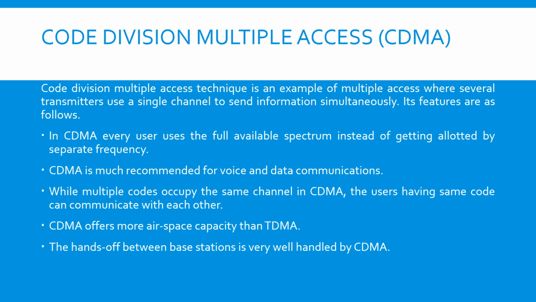So CDMA, because of the multiple frequencies, offers great bandwidth as well as a great communication channel as compared to TDMA. The handoff between base stations is very well handled by CDMA. Because of the variety of these frequencies, the handoff, that means the connection made between the devices, is quite fast.